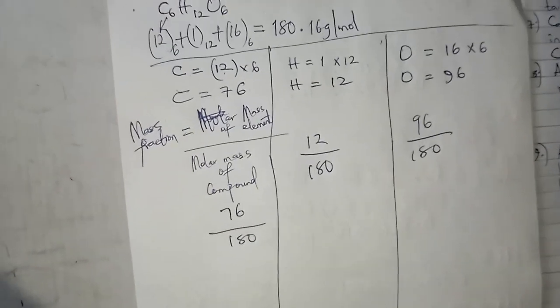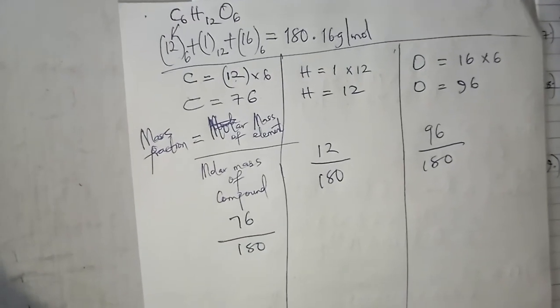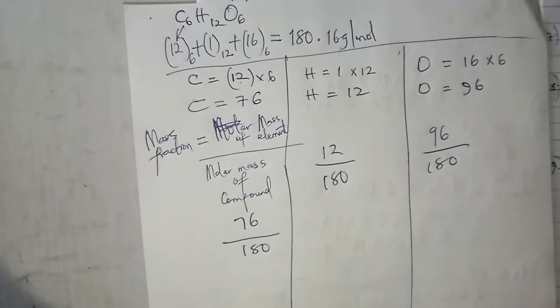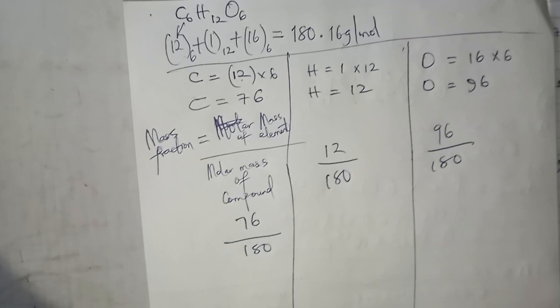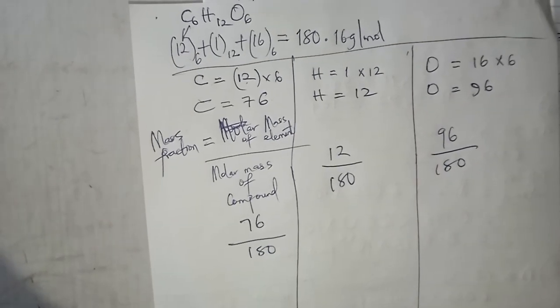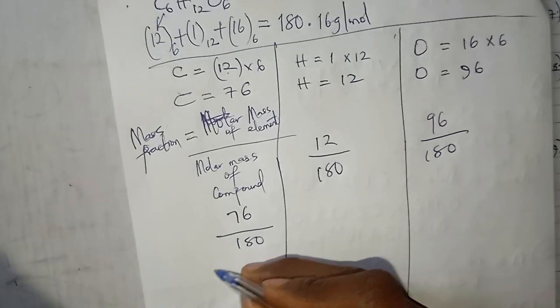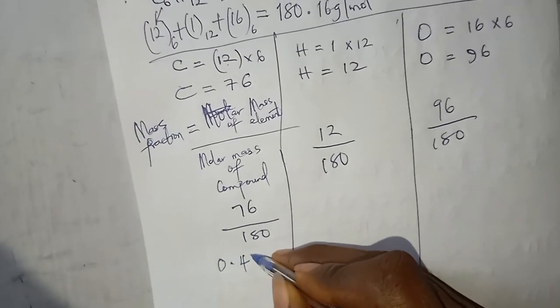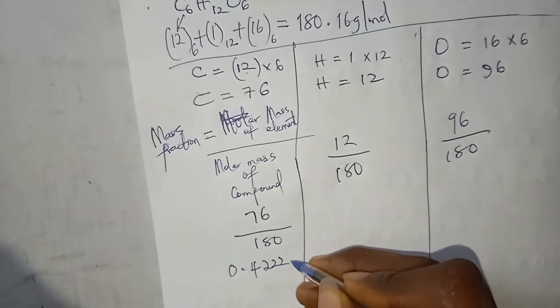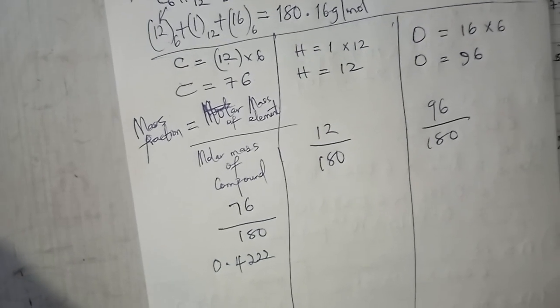So let's punch it in to get the mass fraction. 72 divided by 180, I'm trying to beat time, gives 0.4222 and so on. I'll do it in 2 days, but please.